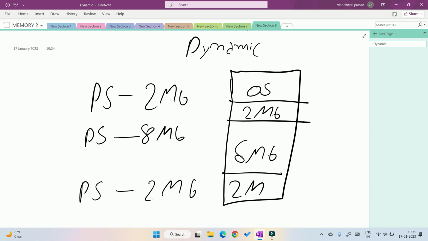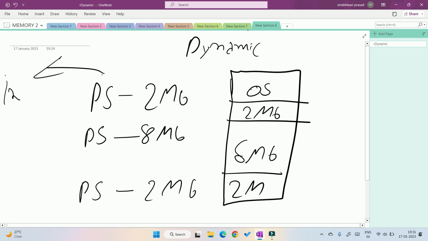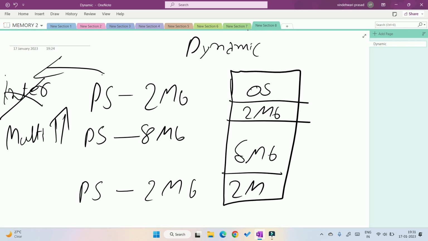Here there will be no wastage of space, so internal fragmentation is not present in dynamic. Multi-programming here is not fixed, and it even increases, because there is no wastage. But is external fragmentation also not present? Let's see.